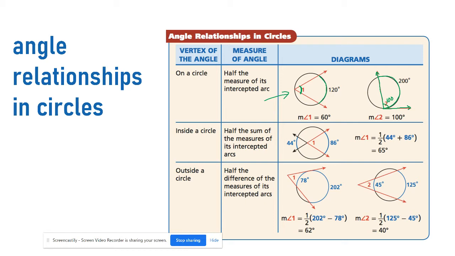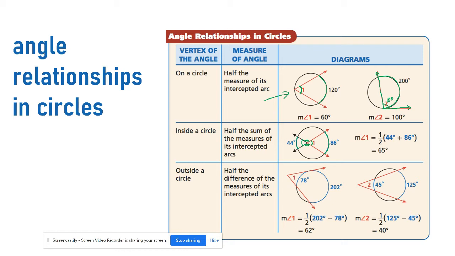But we also have these two new rules. One you can see is if you have lines that intersect inside a circle, it'll create 4 angles inside the circle. And we know already that we're going to have a couple pairs of congruent angles because they're vertical angles. But also we have a way we can use the 2 arcs that are created by these lines to find the measure of those angles.